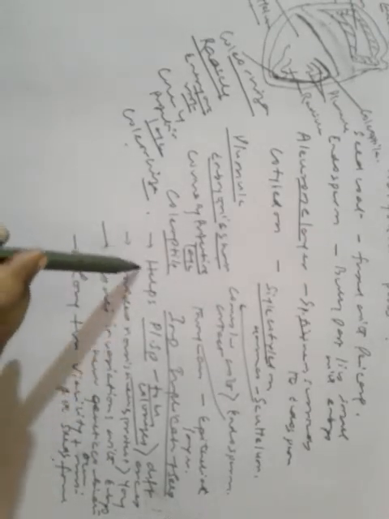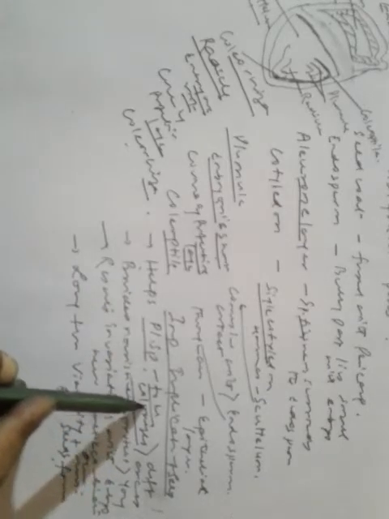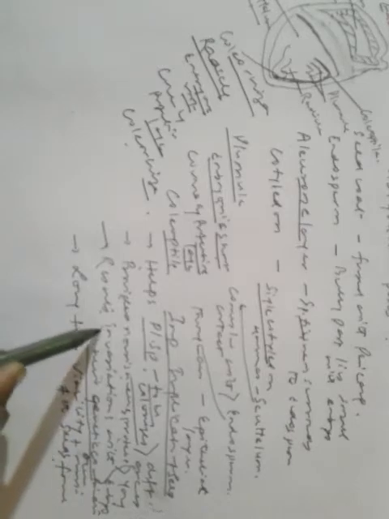So seeds help plant species to be colonized in different areas, provide nourishment and protection to the young embryo, and result in variations with new genetic combinations, and long-term viability of most of these seeds is found.